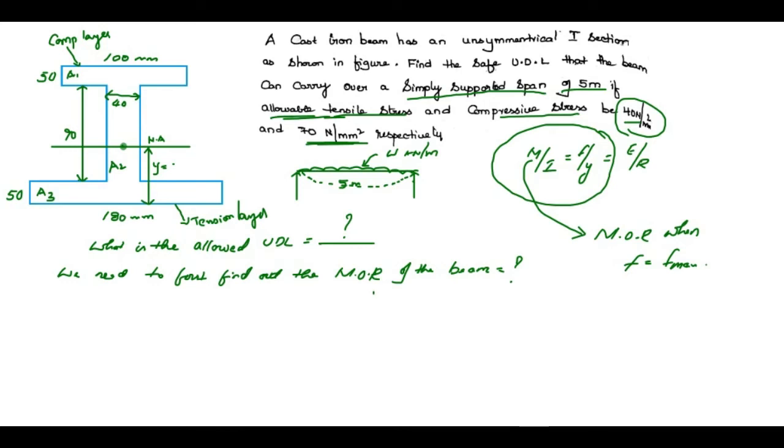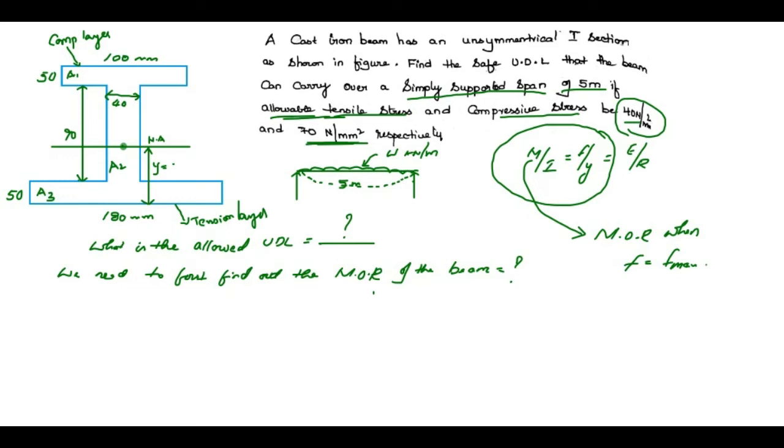Allowable tensile stress and allowable compressive stress. That means this is the maximum tensile stress and this is the maximum compressive stress that can be allowed. Therefore, whatever values are given in the question are nothing but maximum stress values, isn't it? So we can say that F is equal to F max in this case. So when F is equal to F max, the bending moment M represents the moment of resistance.